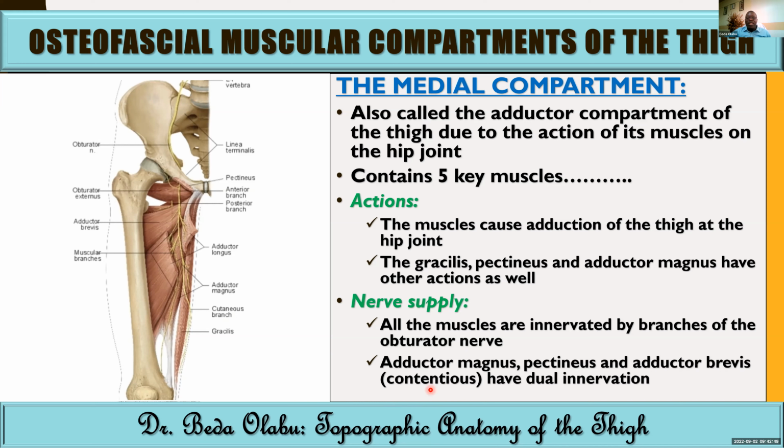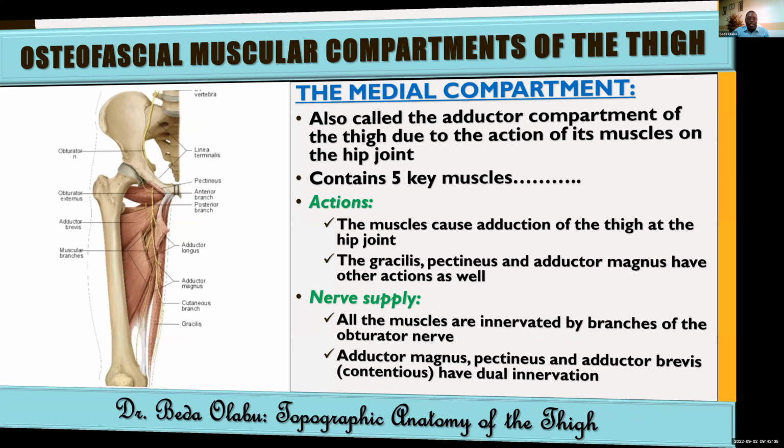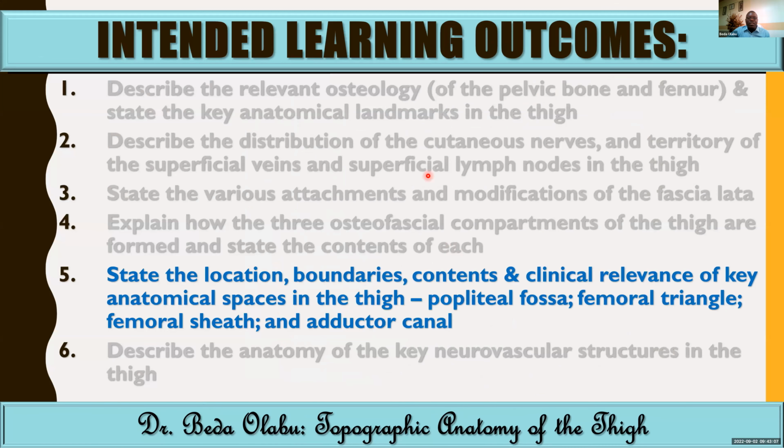Another muscle that has dual innervation, which we didn't talk about but was in the posterior compartment, is the biceps femoris, which has both tibial and common peroneal nerve supply. So that is the muscular compartments of the thigh.